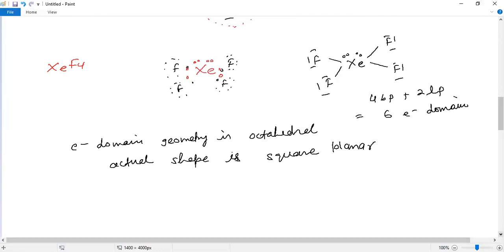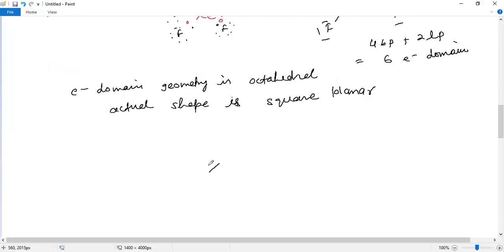How come? Let's see the shape now. So if this is the xenon, then these are the rear fluorine atoms, these are the front fluorine atoms, and these are the 2 electron pairs, which are lone pairs.